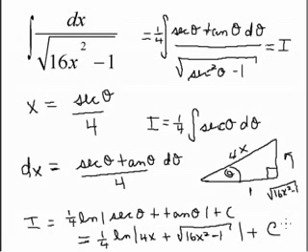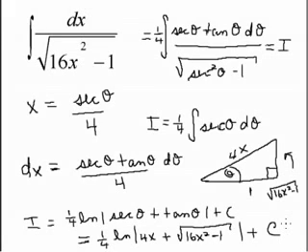So we have that the integral equals 1/4 secant theta tangent theta d theta over the square root of secant squared theta minus 1. The square root of secant squared theta minus 1 is tangent of theta. So the integral becomes 1/4 times the integral of secant theta d theta. That gives us 1/4 natural log of secant theta plus tangent of theta plus a constant of integration.